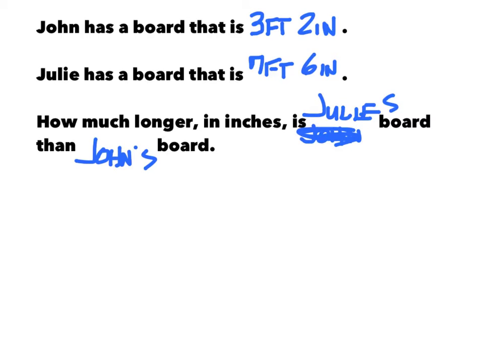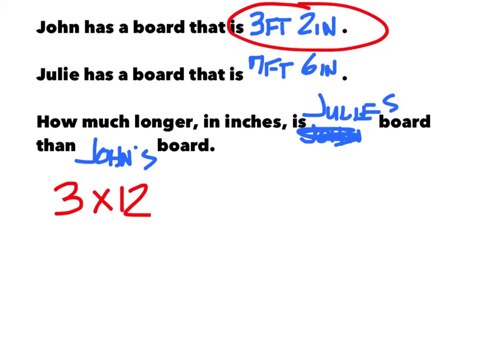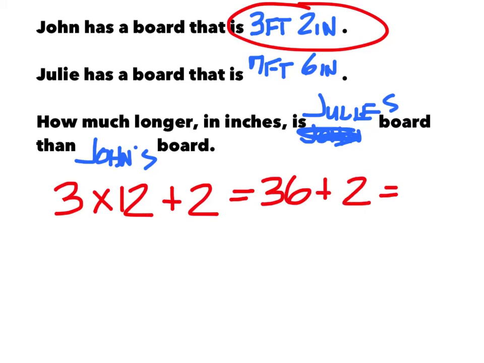But if that doesn't make any sense to you, here is the step-by-step way to do this. What you would do is convert this one to inches first. So you multiply the feet by 12 and then add the 2 inches. So that's 36 plus 2, which is 38.